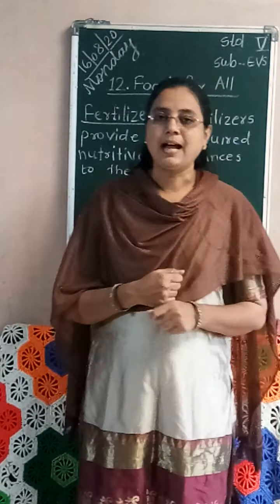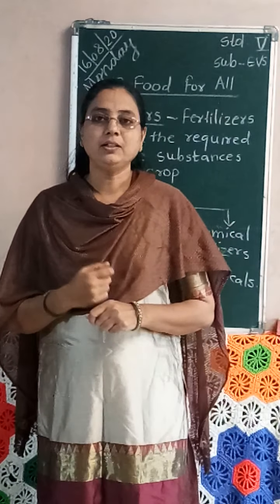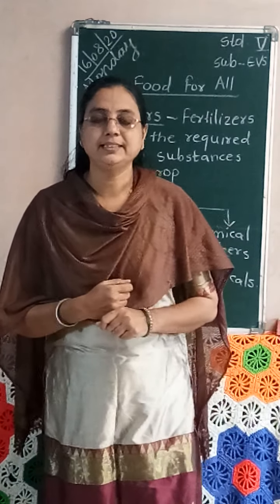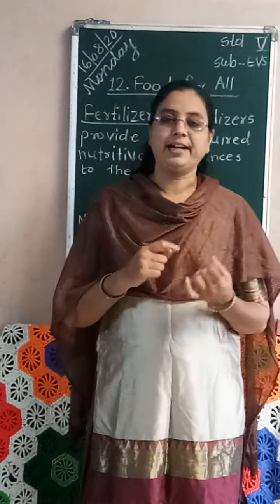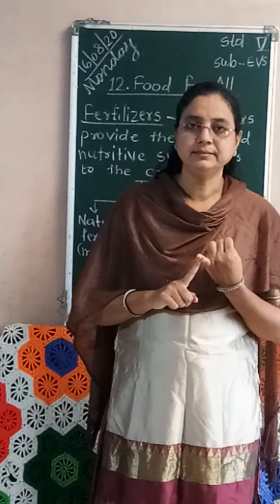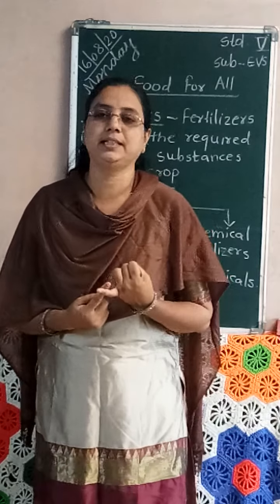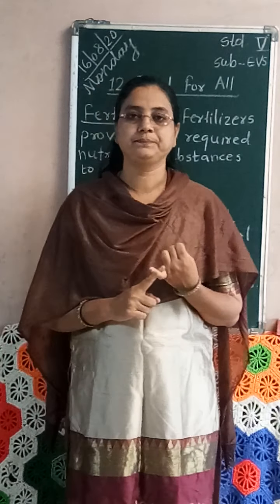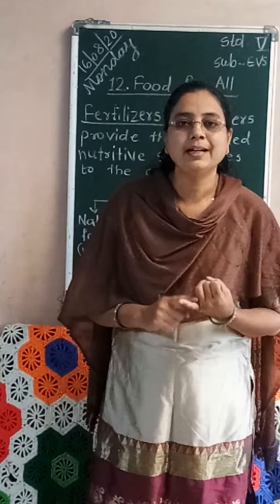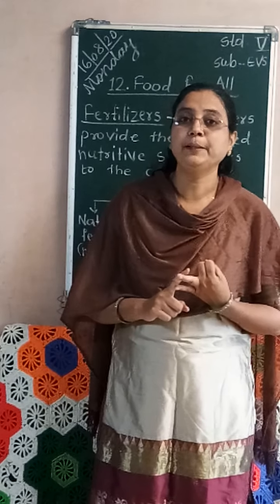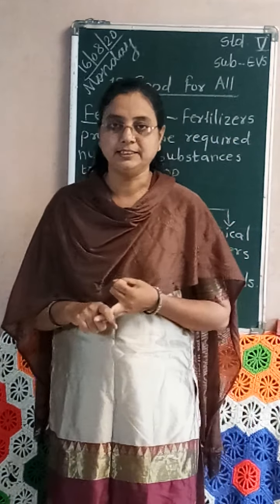Last time I sent you the link of the 12th lesson, that is Food for All. In that link we discussed the traditional method of farming, in which the farmer himself took the help of family members. Apart from that, we studied some improved methods of agriculture.